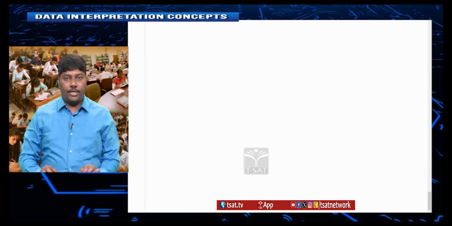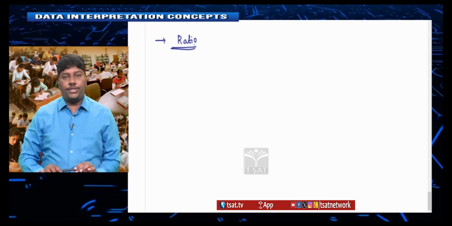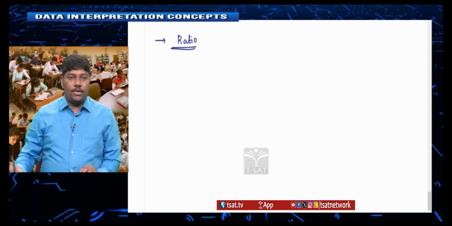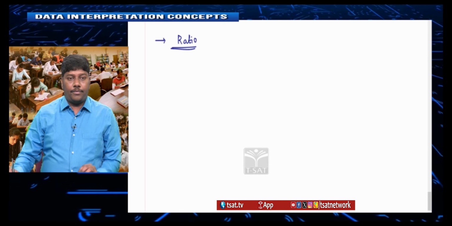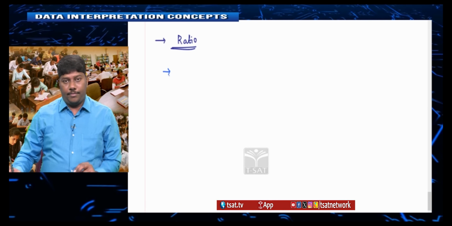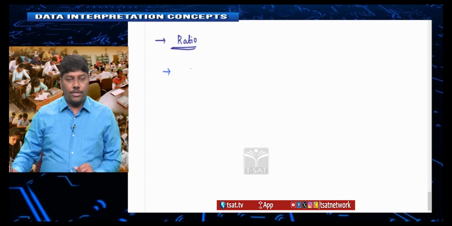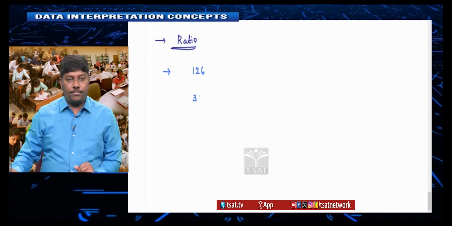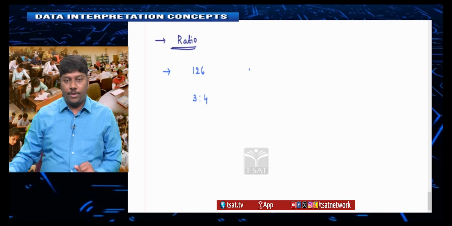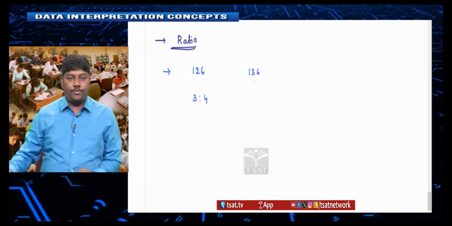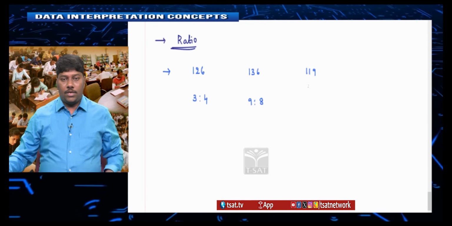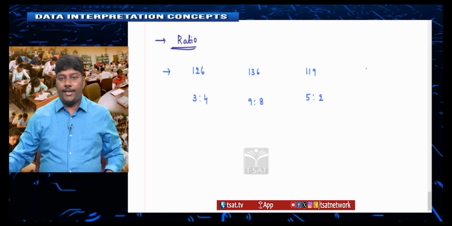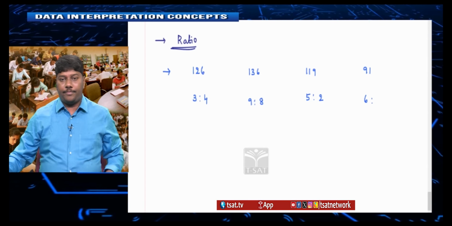Now after this, you have ratio proportions also. How will ratios be useful in your data interpretation? So ratios, you should be ready to factorize the given numbers. Suppose I am asking you to divide 126 in the ratio 3:4, or else I am asking you to divide 136 in the ratio 9:8, in the ratio 5:2, 91 in the ratio 6:7.